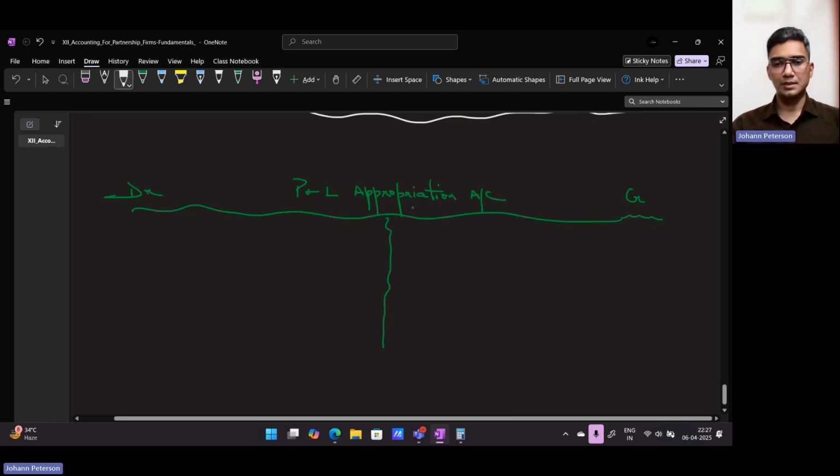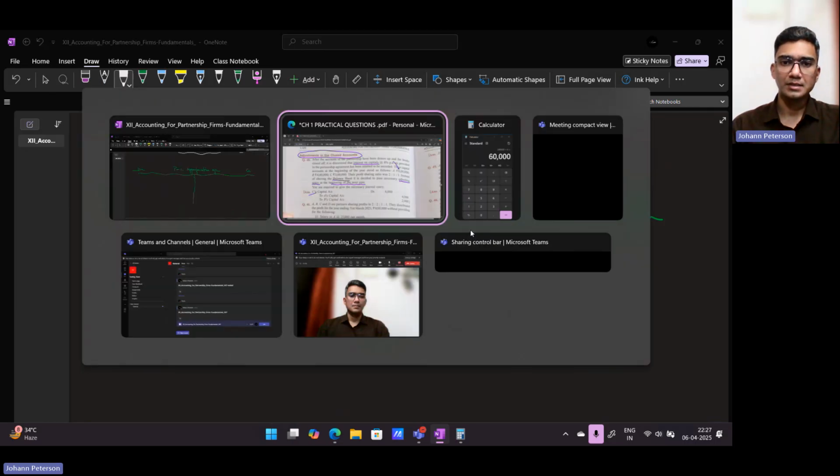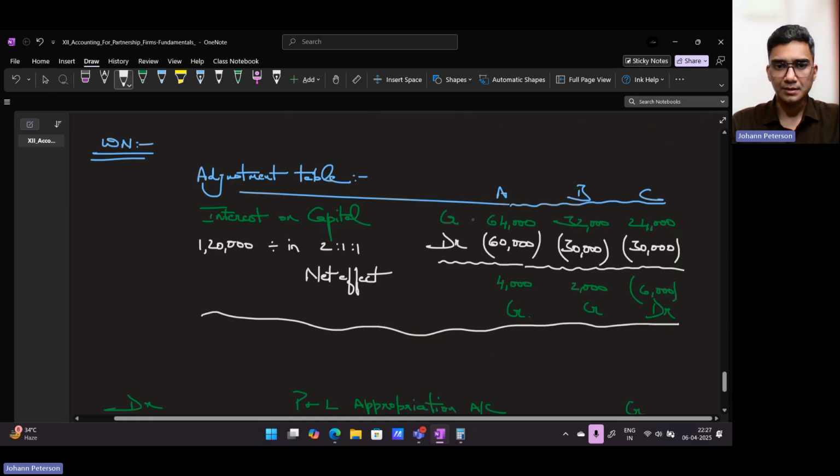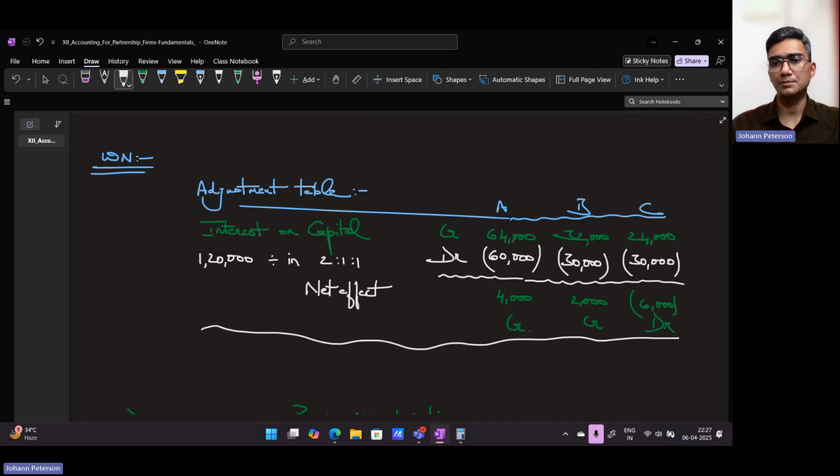Okay. Now, in this question, as I said in the beginning, we do not have some profit given, but we know we are supposed to distribute interest on the capital. Now, what is our total interest on capital which we are distributing? We saw 64,000, it came up to 32,000 and 24,000. So if we add all these 64, 32, and 24, then we get a total of 1,20,000.